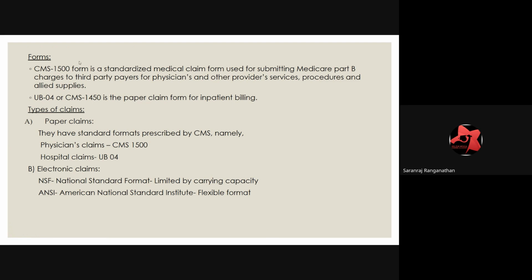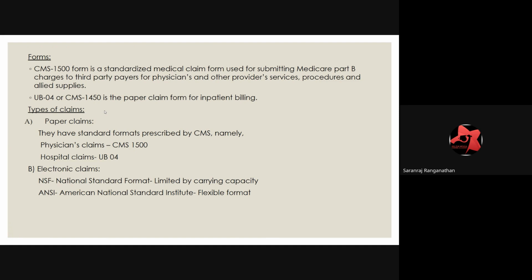Then forms. The CMS 1500 form is a standardized medical claim form used for submitting Medicare Part B charges to third-party payers for physician and other provider services, procedures, and allied supplies. Then UB04 or CMS 1450 is the paper claim form for inpatient billing. Then the types of claims they have given here.